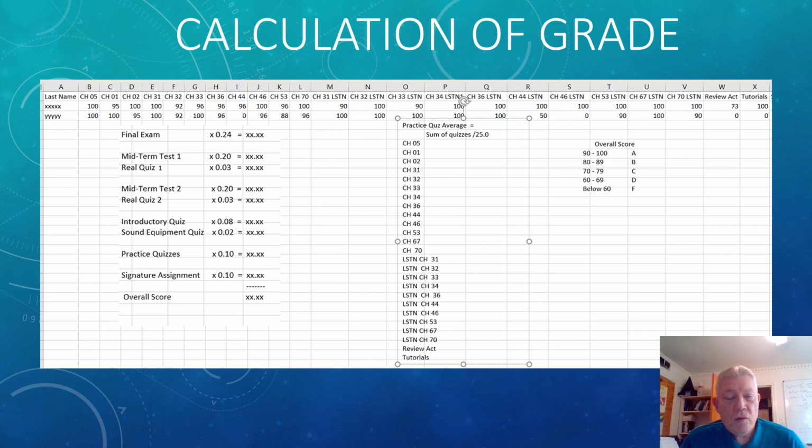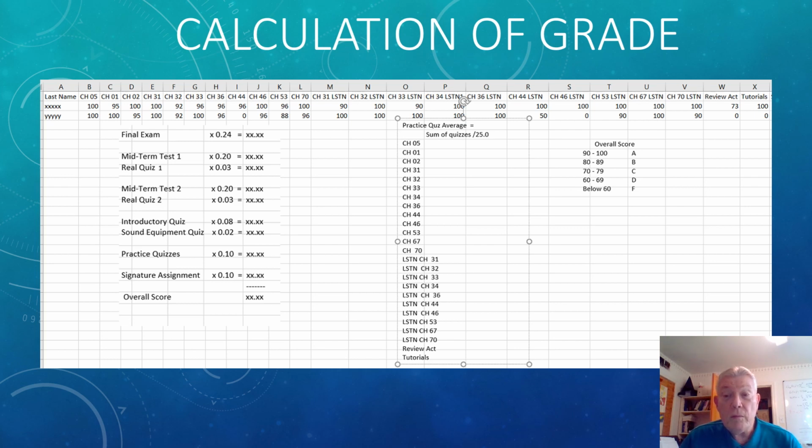And this slide shows the calculation of the grade in more detail. You see along the top row, all the practice quizzes are arranged horizontally. You can see there's a bunch of them. Last semester there were about 25. I've added a few more.